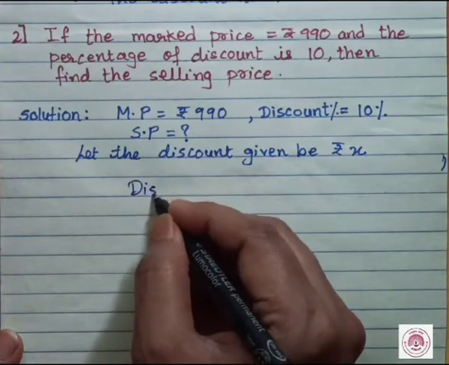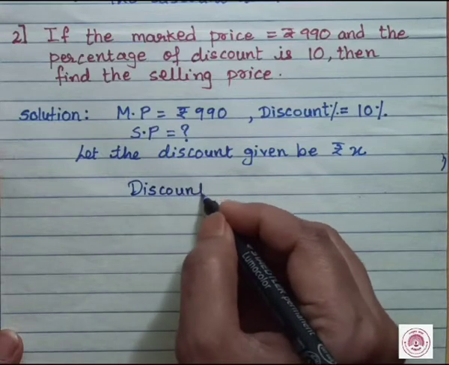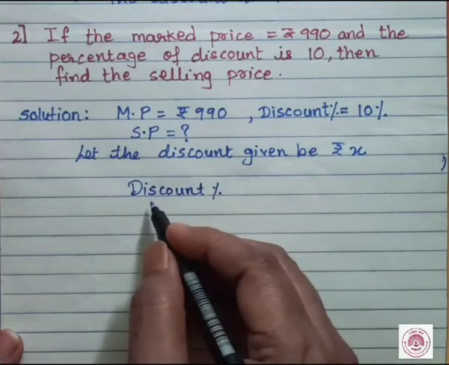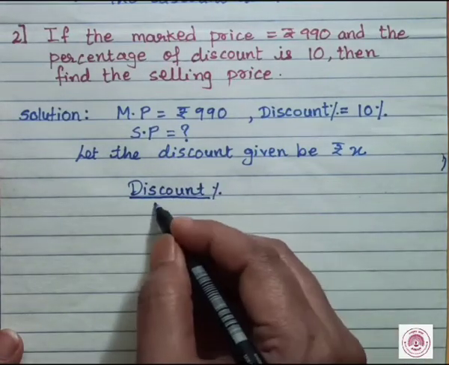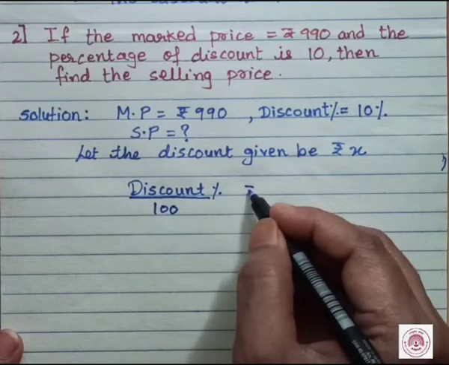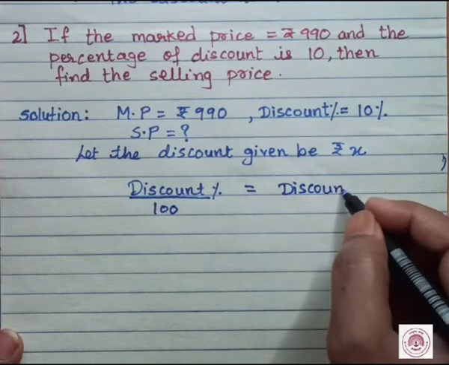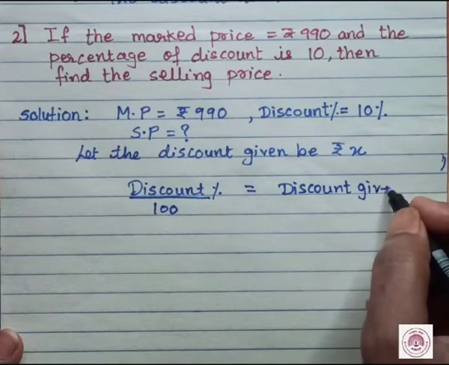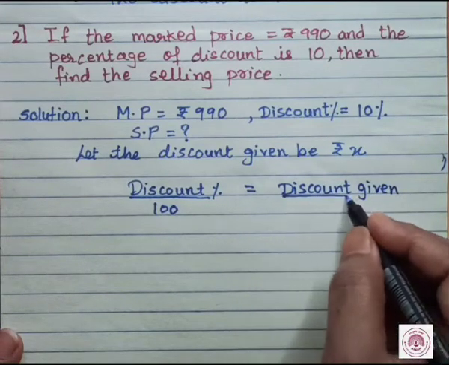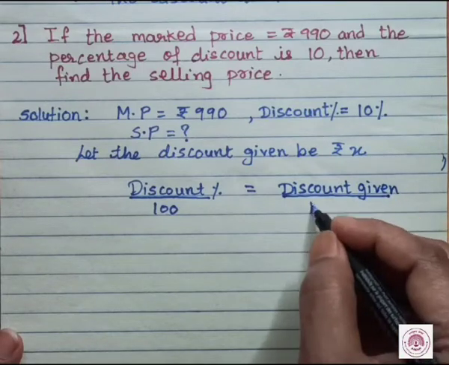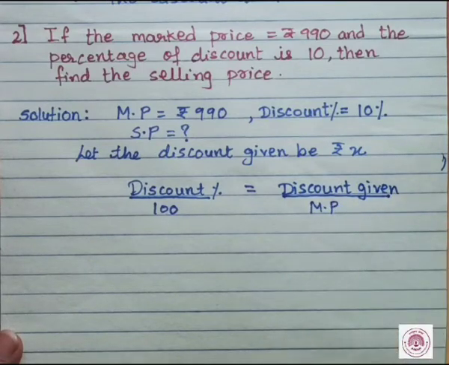Discount percent upon 100 is equal to discount given upon marked price. So this is the formula, right?